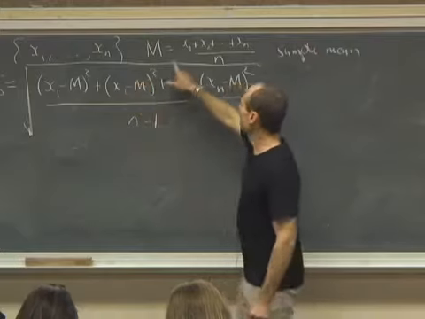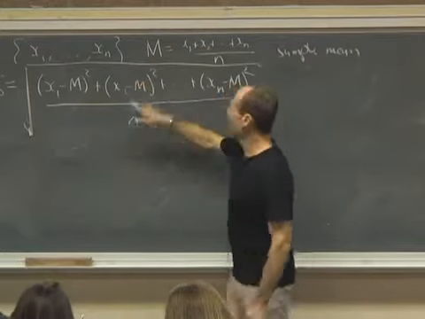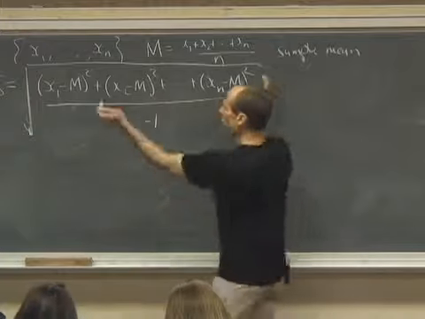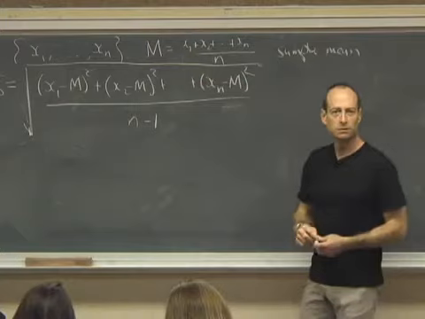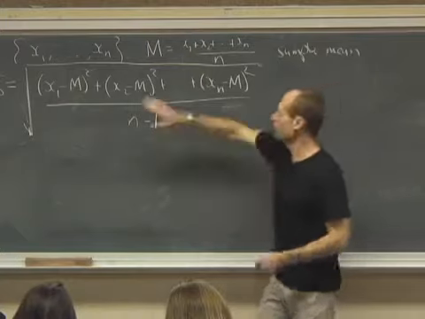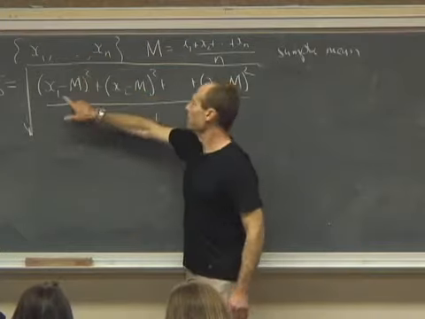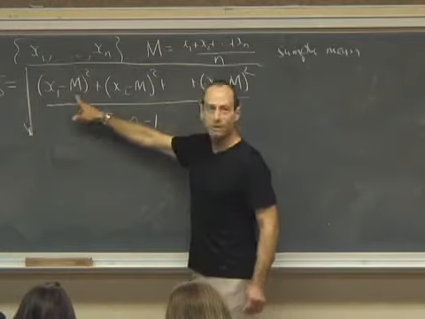So if instead of plugging in the sample mean here, I plugged in the mean of the box, what would happen to this sum of squares? Would it get bigger or smaller? I've got a list of numbers sampled from the box. In one case, I'm subtracting from that sample the mean of the sample.